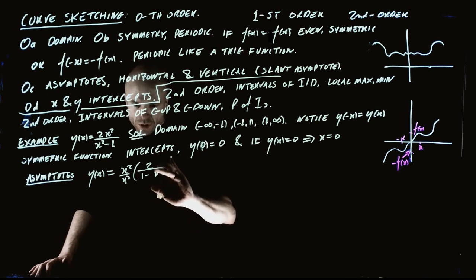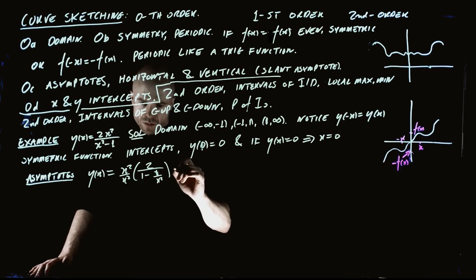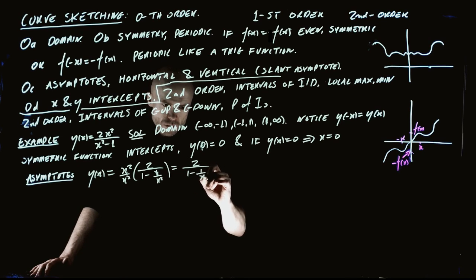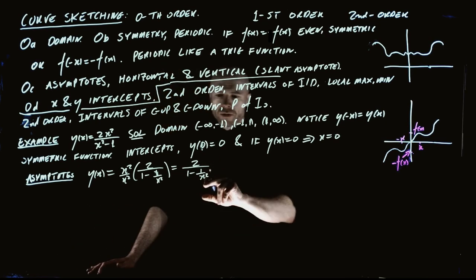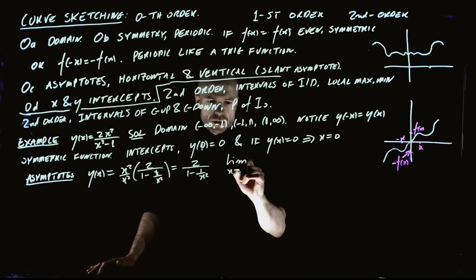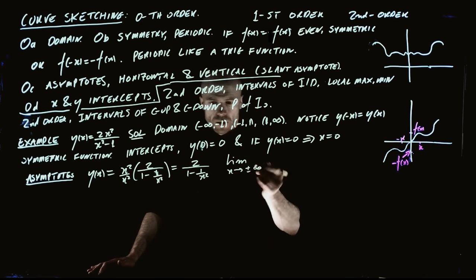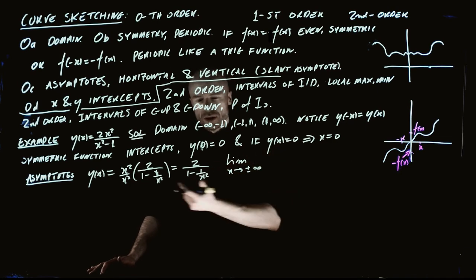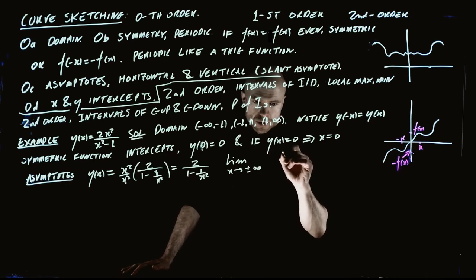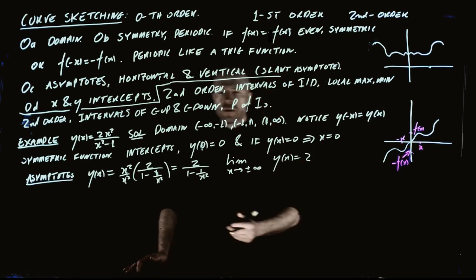And clearly the limit of this thing is going to be 0, so the limit as x goes to plus or minus infinity, by symmetry we know they're going to be the same limit. We also can see that it's not going to matter in this expression. So we have horizontal asymptotes.